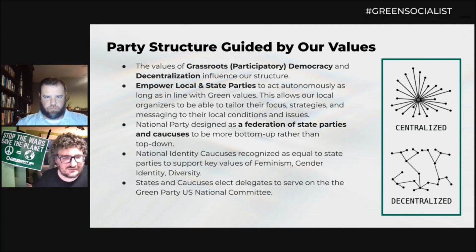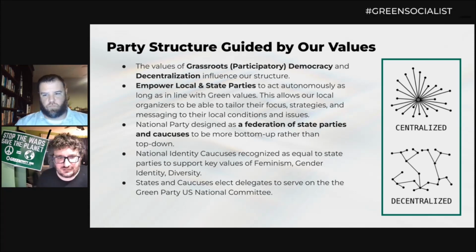So every state should have a state party that's affiliated with the National Party. But in addition to these state parties, we also have national identity caucuses that are recognized in a sense the same as a state party, but whereas state parties are based on geography or based on the borders of a state, the identity caucuses are nationwide, and they're based on a particular identity, depending on what caucus you're talking about, in order to try to make sure that communities that have been suppressed through U.S. history have a little bit more say, a little bit more ability to get involved in the Green Party and politics as a whole.